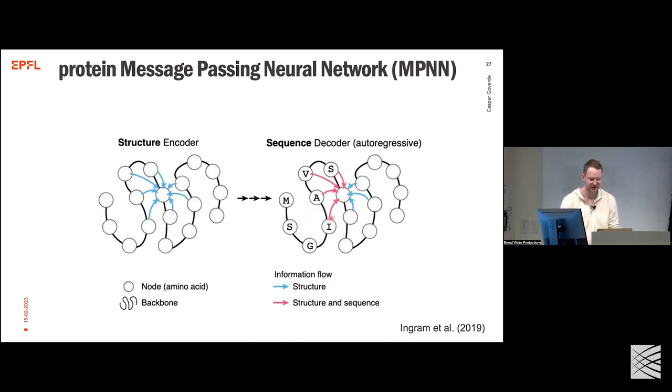We start at a certain position, and then we let the message passing neural network predict which residue is most likely to be found there. This is an iterative decoding step. Once it determines that a certain residue is placed at a certain position, we fix it in the network, and we iterate again and ask, okay, what is the next one, and what is the next one? We iterate this until the entire sequence is recovered.